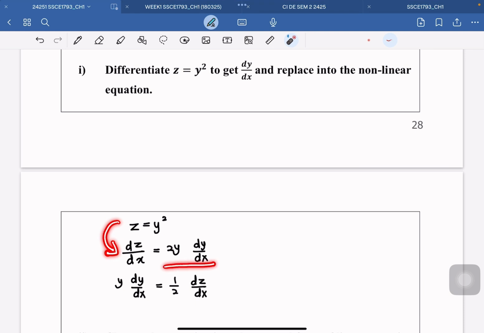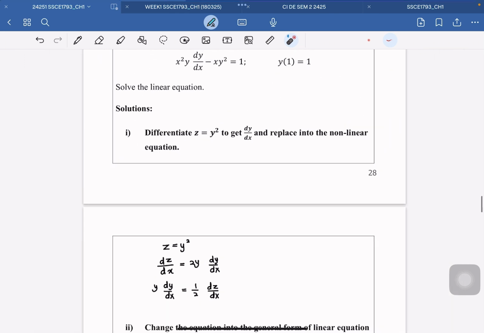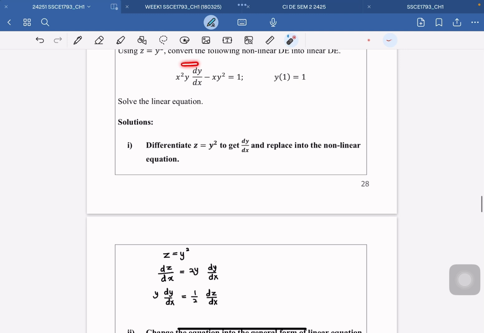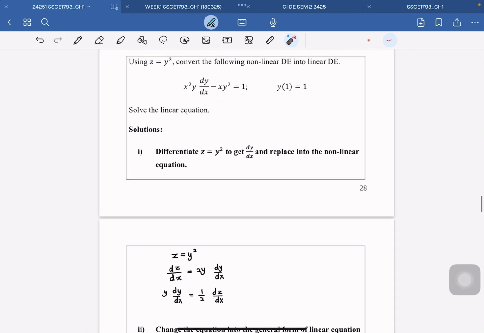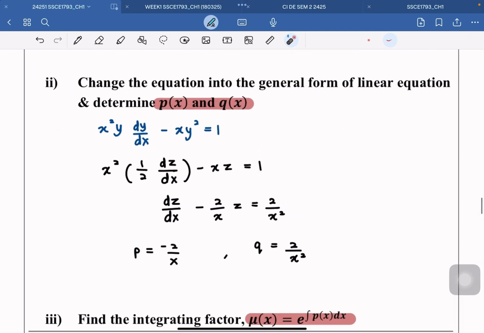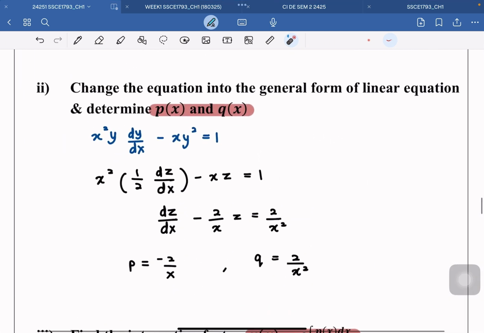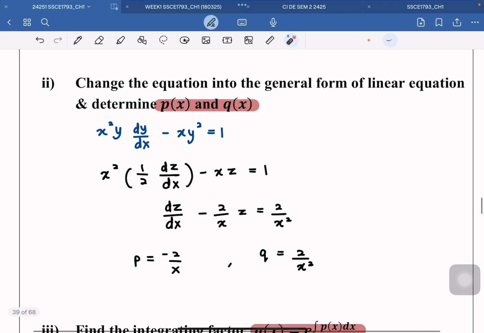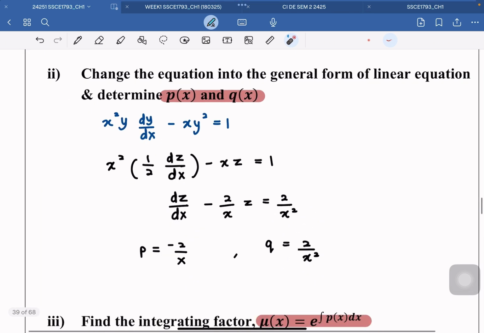So by taking z equal to y squared, you differentiate z with respect to x, and here you will get 2y dy over dx. Then you simplify that to make it into these terms, because we are going to substitute this in terms of z later on.